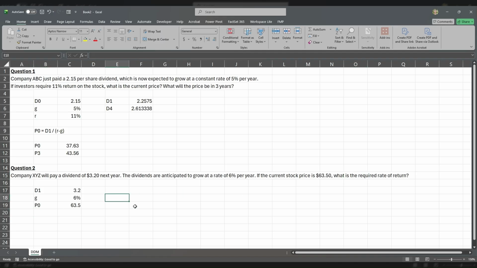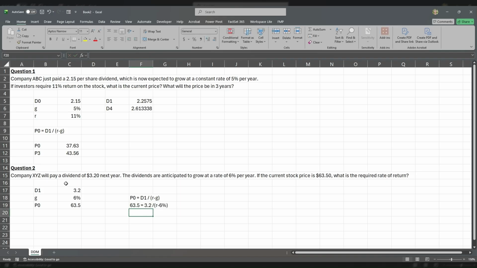All right, so this is just going to be some simple arithmetic for us. We have the formula here. P naught equals D1 divided by R minus G. So we have 63.5 equals 3.2 divided by R minus 6%.